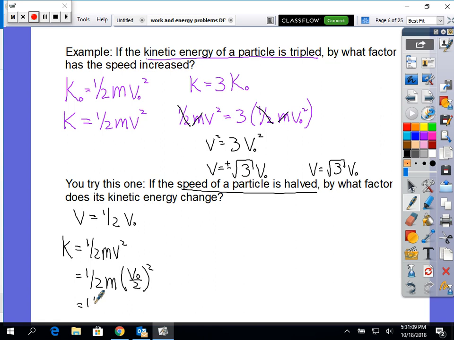So this is 1/2 m v naught squared times 1 over 4. This part is the same as K naught. So this equals 1/4 K naught. So if you cut the speed of a particle in half, the kinetic energy decreases by a factor of 4.